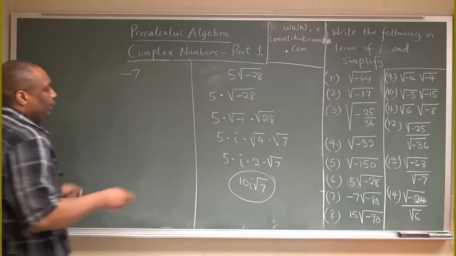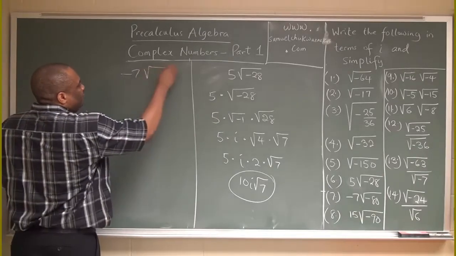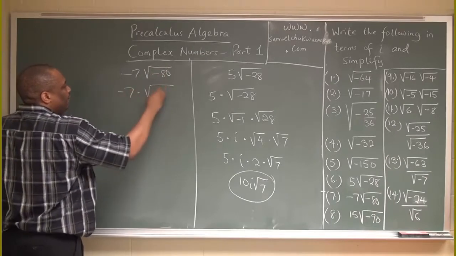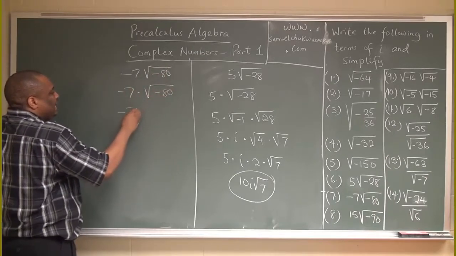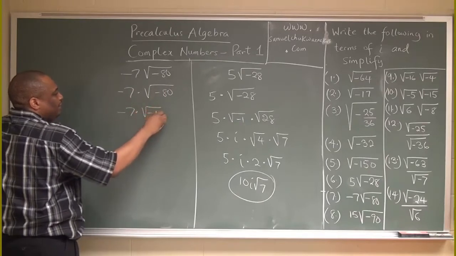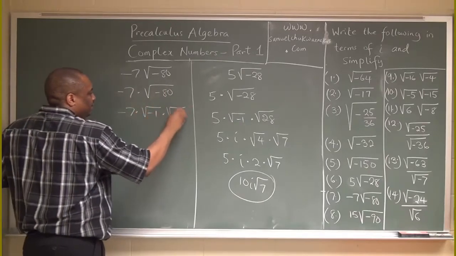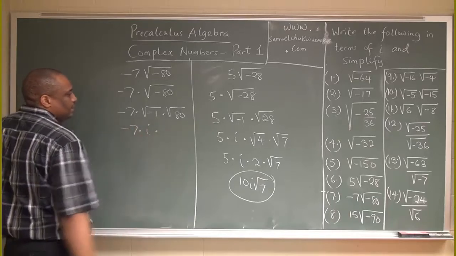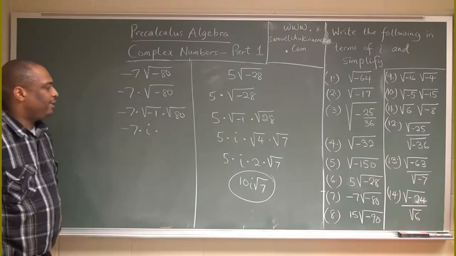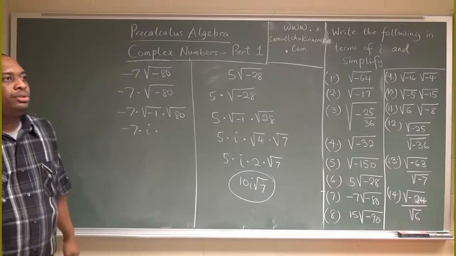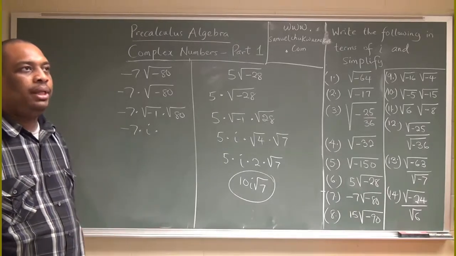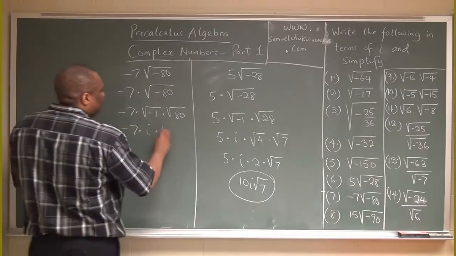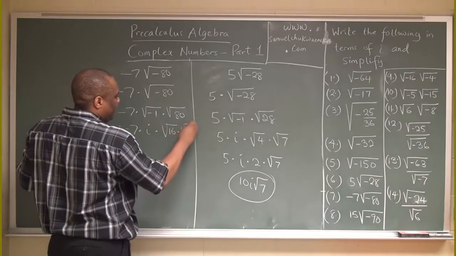Next one, negative 7 square root of negative 80. So this will be negative 7 times the square root of negative 80, which is negative 7 times square root of negative 1 times square root of 80, which is negative 7 times i times square root of 80. 4 and 20 work, but we still have 16 and 5, so we choose 16 and 5: square root of 16 times square root of 5.